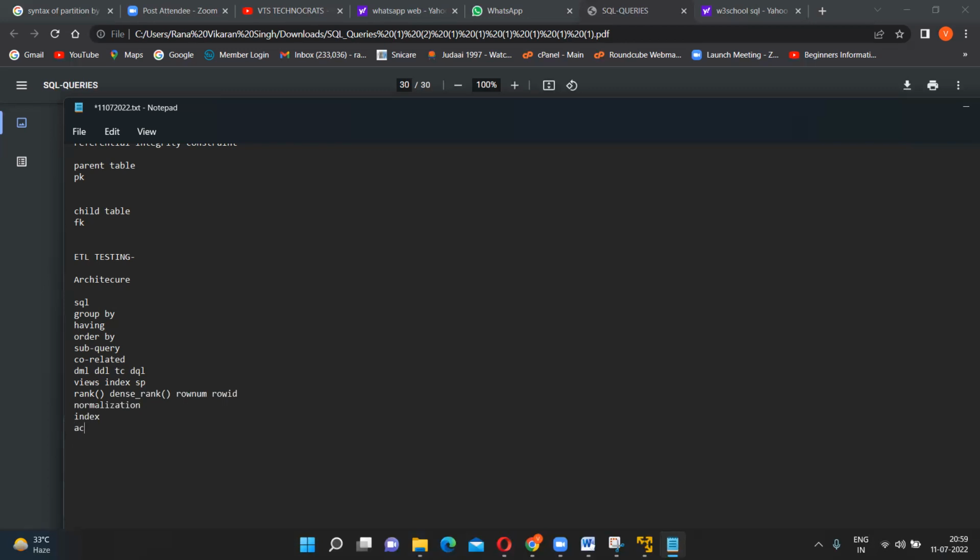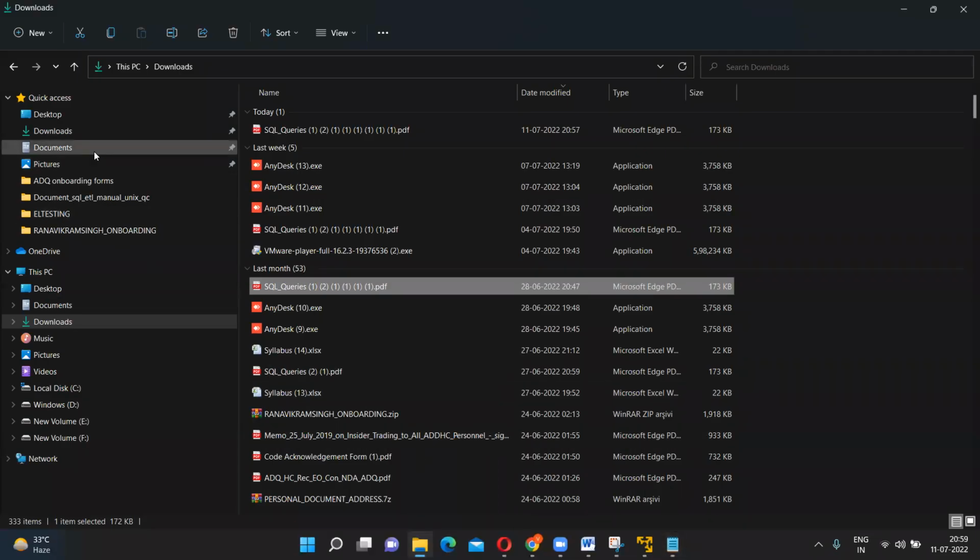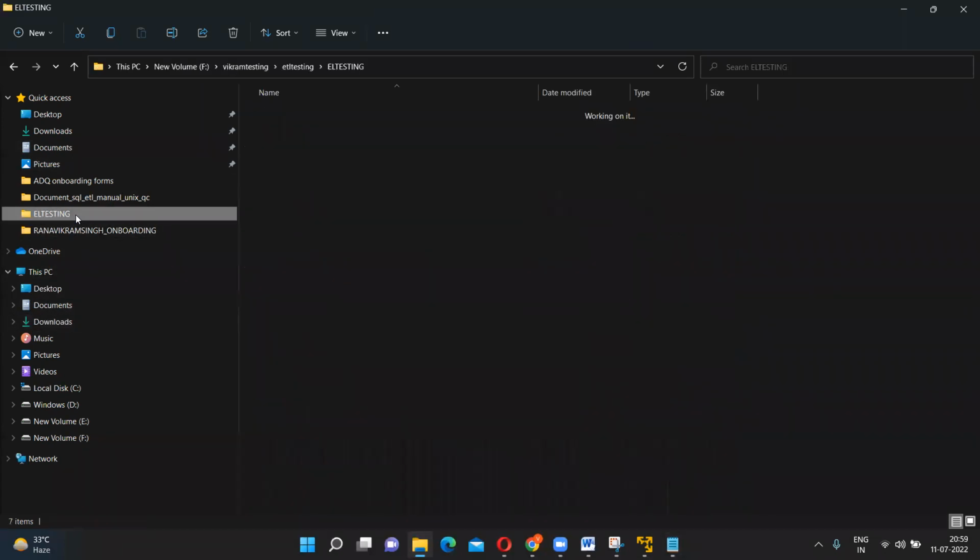Apart from the theoretical things like ACID and Codd's rules, this is complete, guys. You should have a grip, because these things will be asked again and again. Most important is joins. The most important questions of SQL and of ETL testing manual are already prepared. We have each and everything.